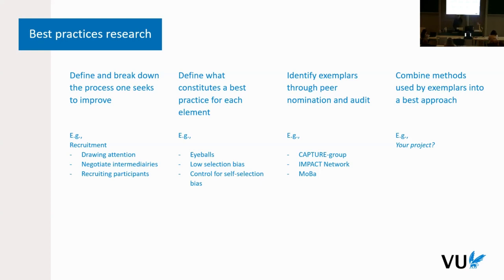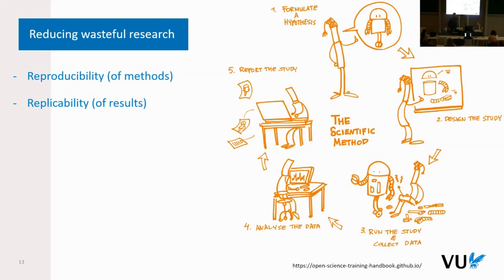So let's see some issues that people have tried to improve, or that need to improve, and how people have been trying to do this. I base my selection on these criteria for reducing wasteful research.